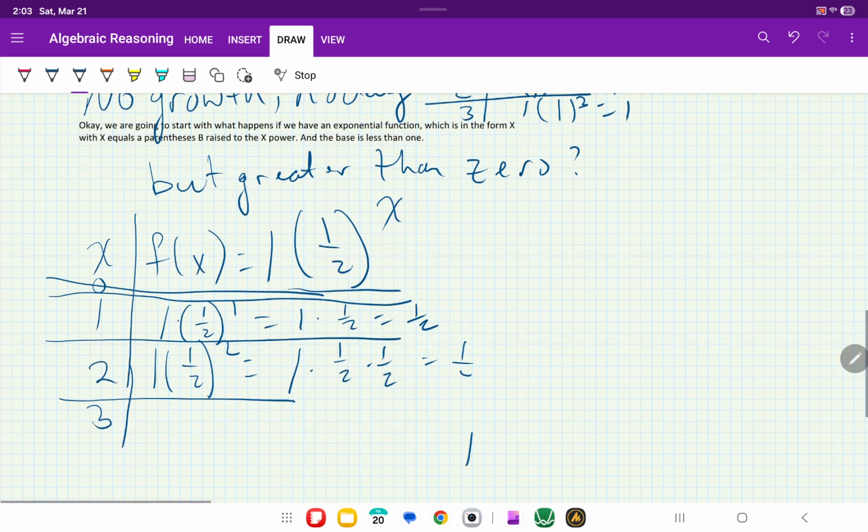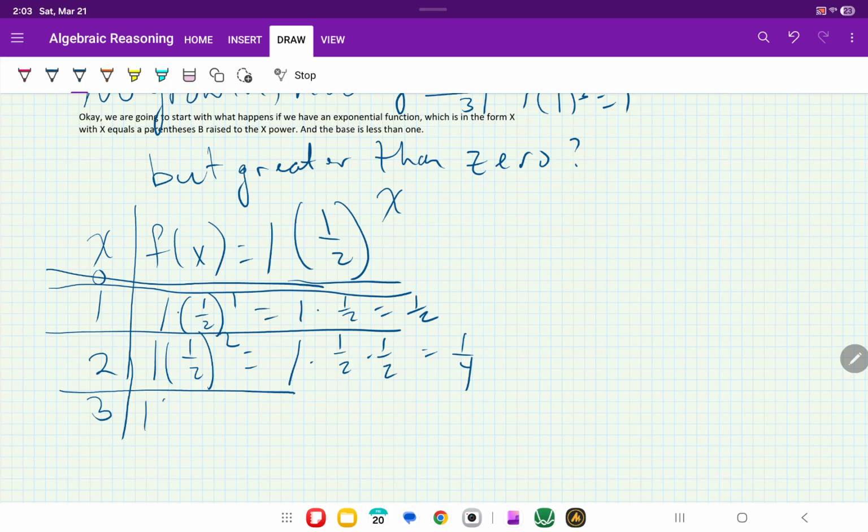And finally, 1 times 1/2 cubed equals 1 times 1/2 times 1/2 times 1/2. We know this is 1/4 times another 1/2, which gives me 1/8. Again, this is being divided by 2 each time.